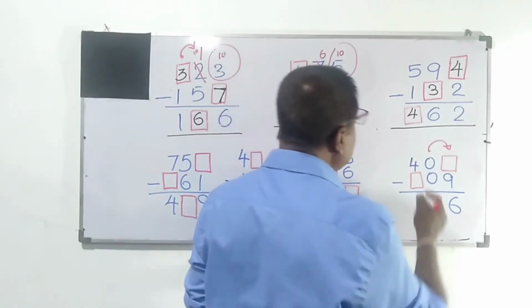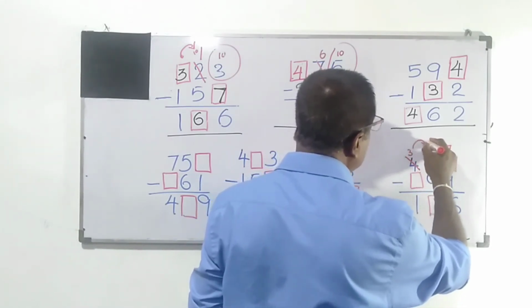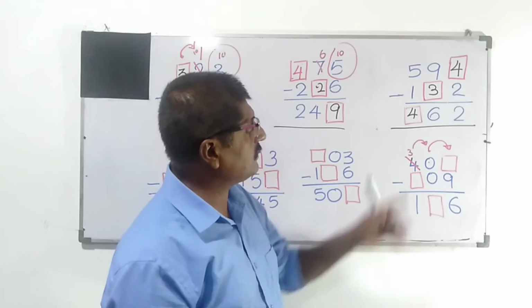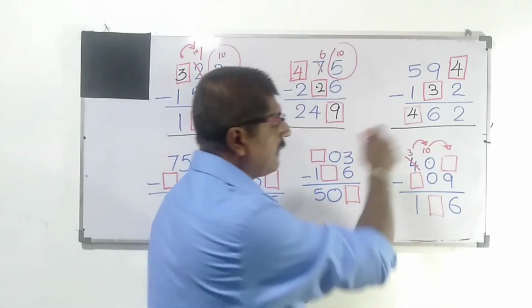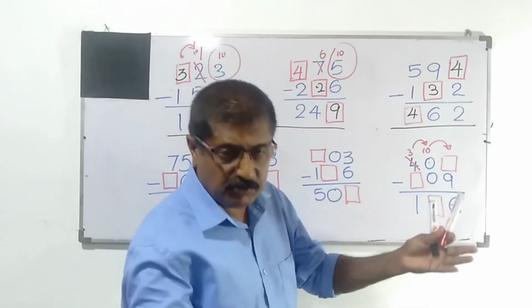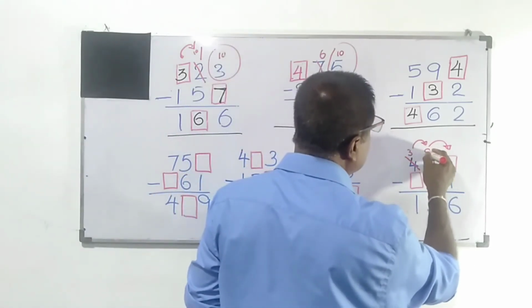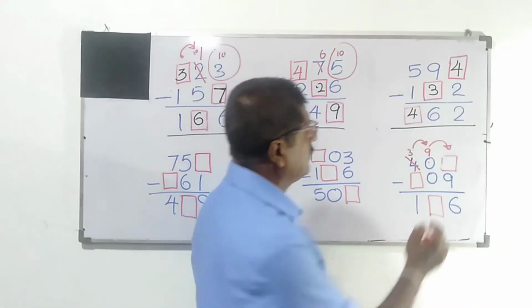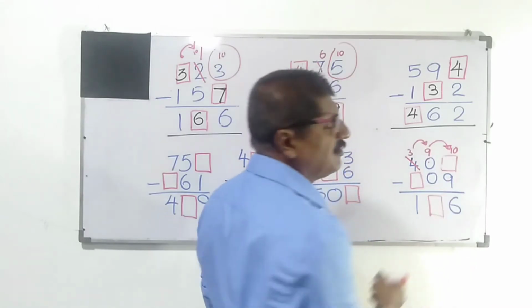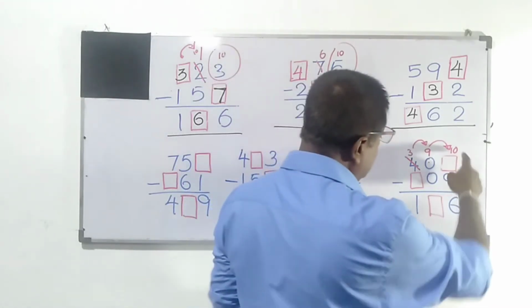Then 1 has gone to this place, making it 3. 1 has gone to this side from this one, which splits into 10. The one that went to the other side splits into 10. But now, leaving only 9 in here, another 1 has been sent to the other side, which again splits into 10 at that place. Then 10 and this thing.